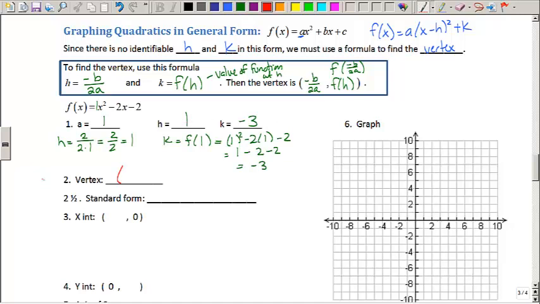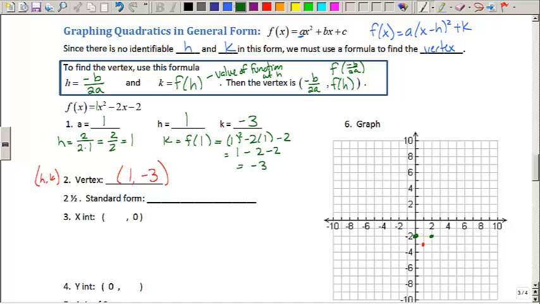My vertex is still h, k. Now I know my h is 1, and my k is negative 3, my vertex is 1 comma negative 3. And I can plot 1 comma negative 3 on my graph. I can also find 2 more points from my vertex by using my a. I know that my a is 1, so I can go left 1 and up 1 and right 1 and up 1 to find 2 more points.